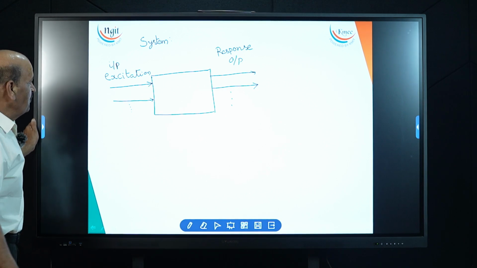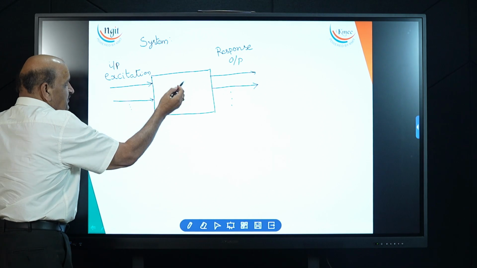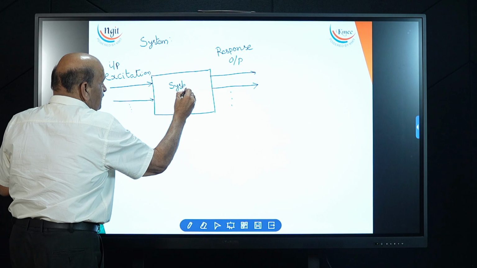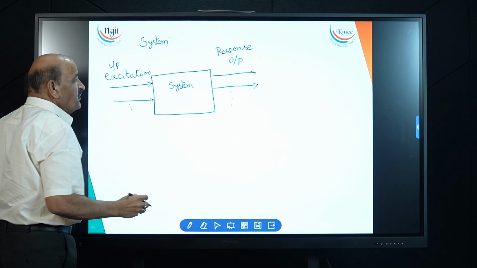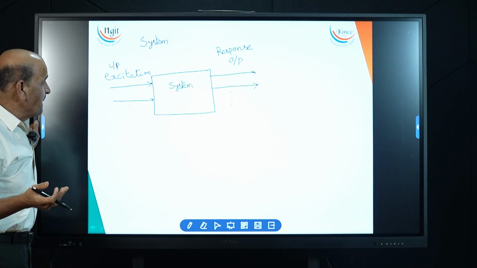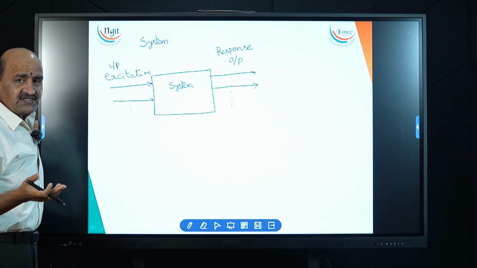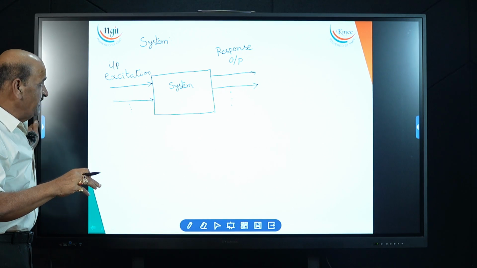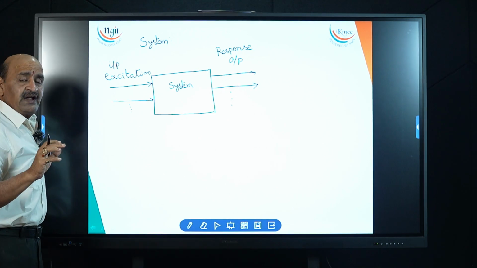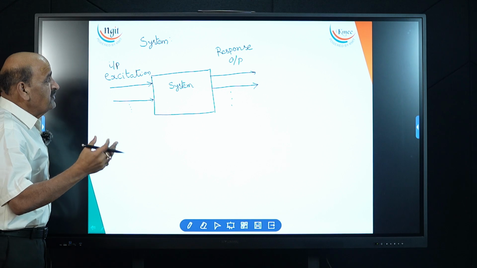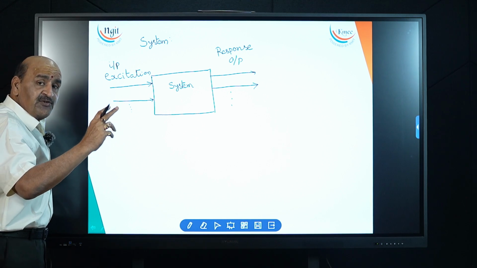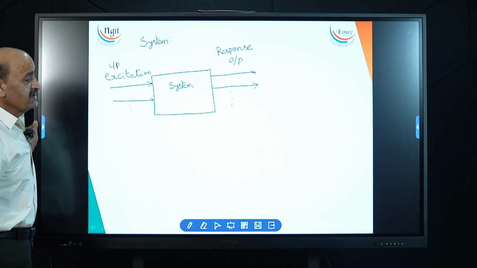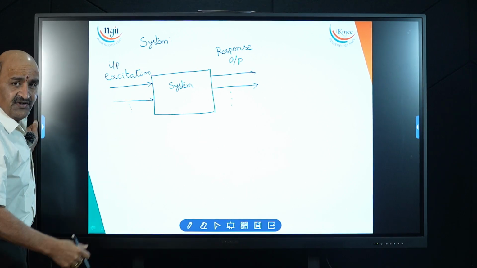So what is a system? A system may be a single device or a group of interconnected devices where for every individual excitation it provides an individual corresponding response.